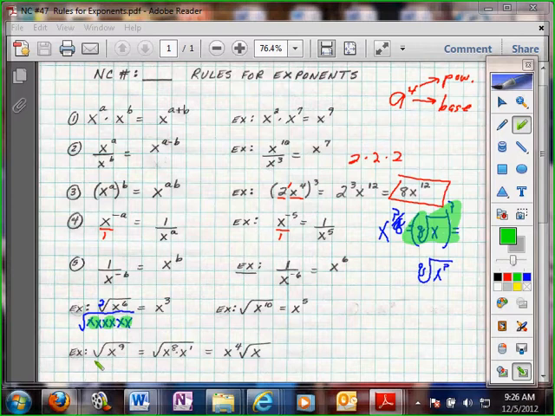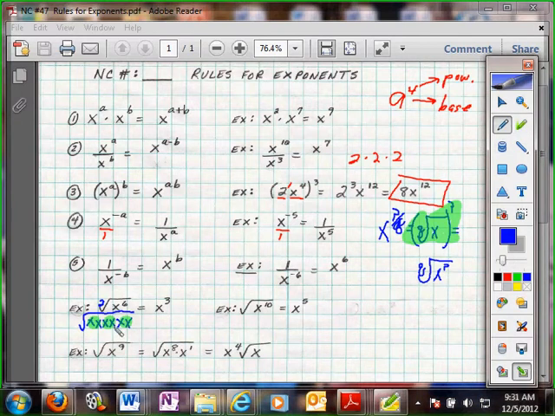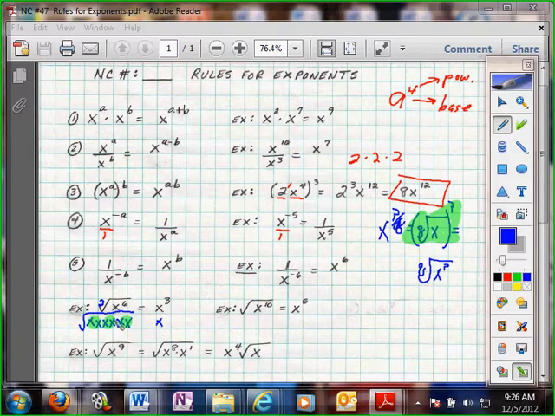I have 3 of them. If everything gets circled, then your radical goes away. If it's circled, it comes out one time. I have one circle here, that comes out once. I have one circle here, that comes out once. I have one circle here, that comes out once. And what I'm left with is x to the 3rd. That's how that works. Let's look at another one.